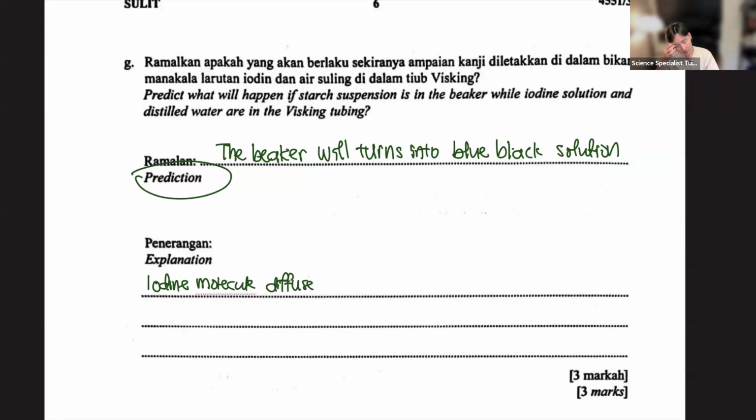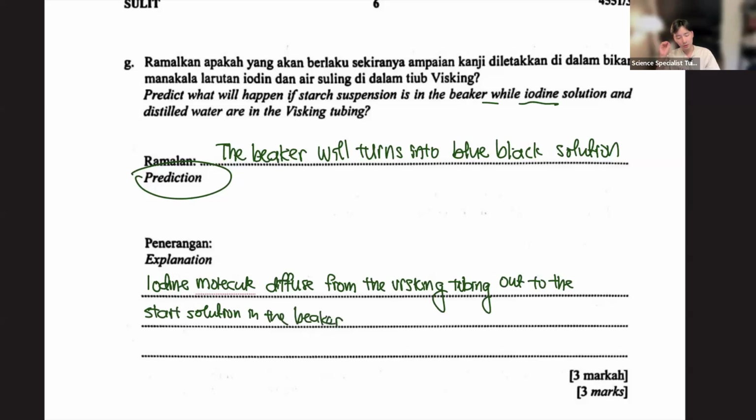What do they say? Iodine solution from the Visking tubing out to the starch solution in the beaker.